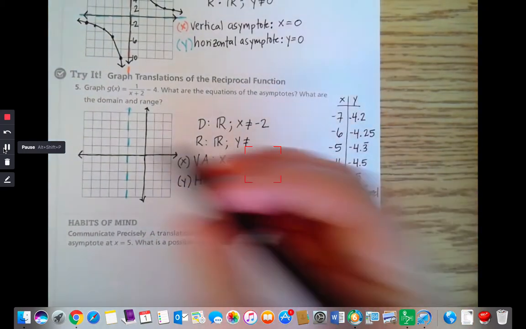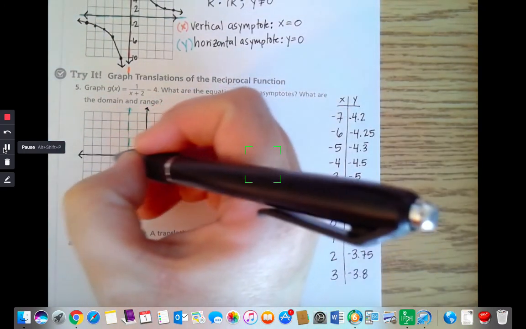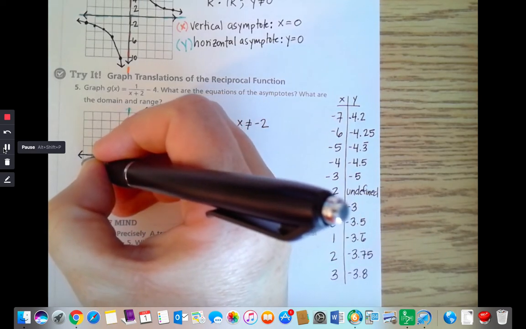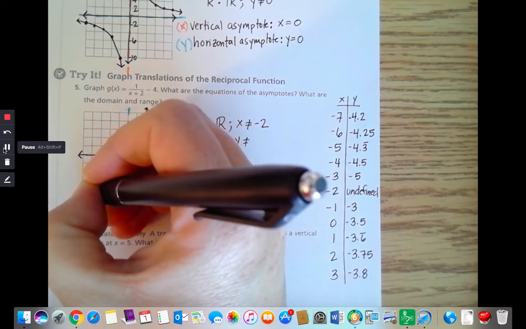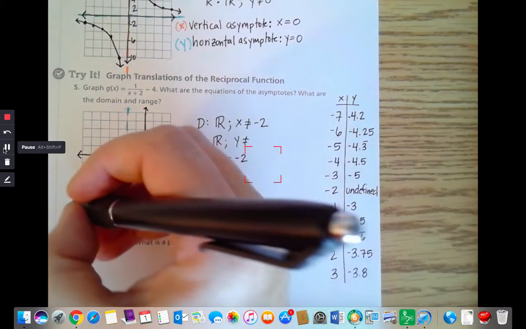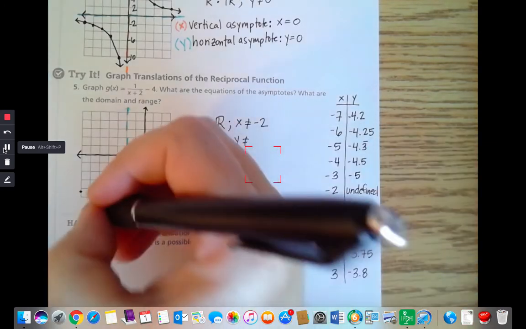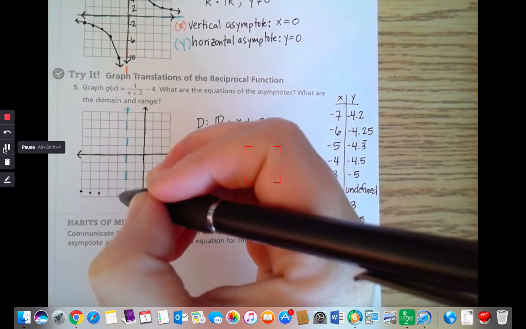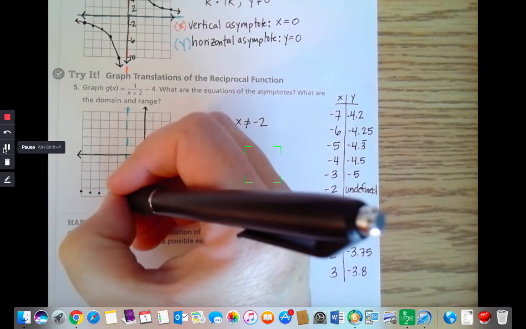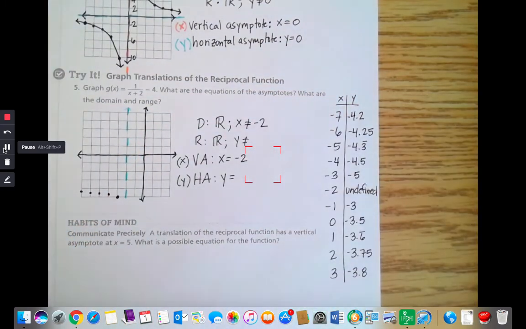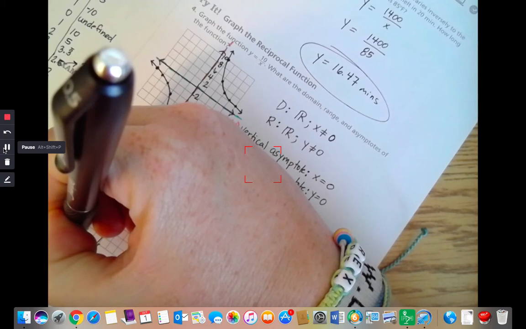So I'm going to plot these points. At -7, then 1, 2, 3, 4, 5, 6, 7, then -4.2, -4.25, -4.3, -4.5, -5. This one looked a little bit different.